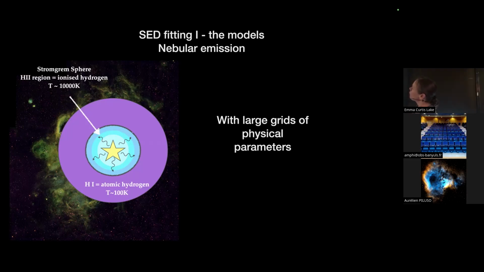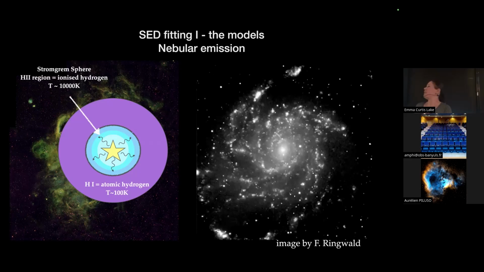And then this will be done and modeled, what the light passing through the H2 region with a large grid of physical parameters for the birth cloud itself. So the metallicity of that birth cloud, the density of electrons there, all of these sorts of things. We'll vary them so that we have a big variety within the models, but we're not varying the structure at that level. And then we have these beautiful galaxies.